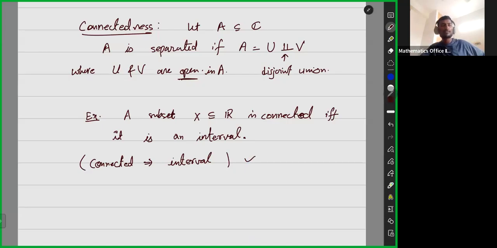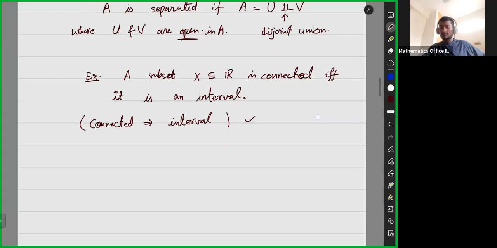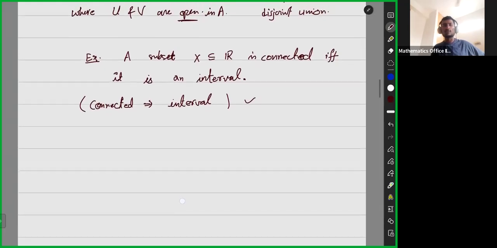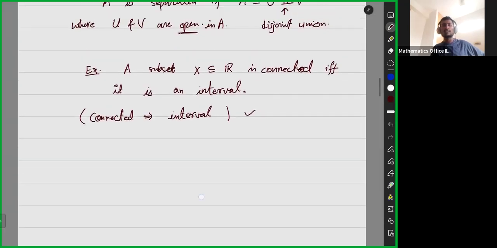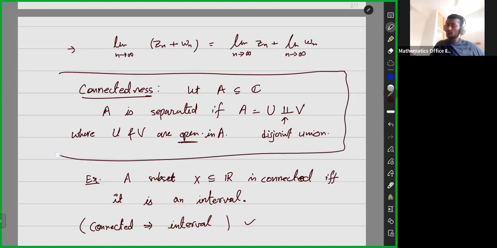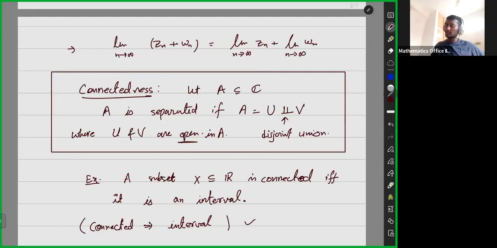Using the contradiction method, we can show if any point in the middle is missing, that will disconnect the set, right? So it should be an interval. Now the other side is a little difficult, but I think you can do it. If you don't understand why an interval is connected using this definition, of course, this is the definition we want to use.